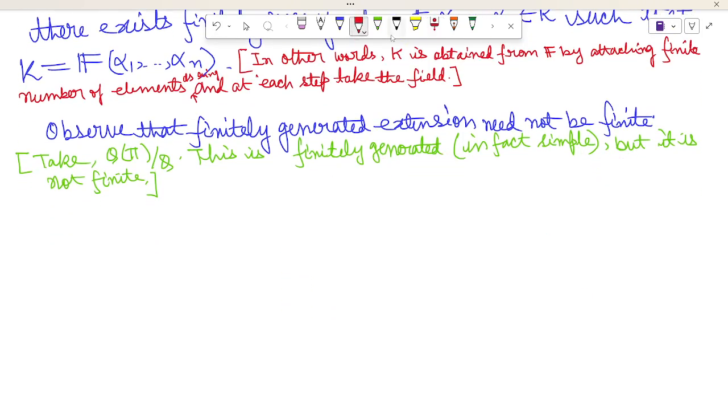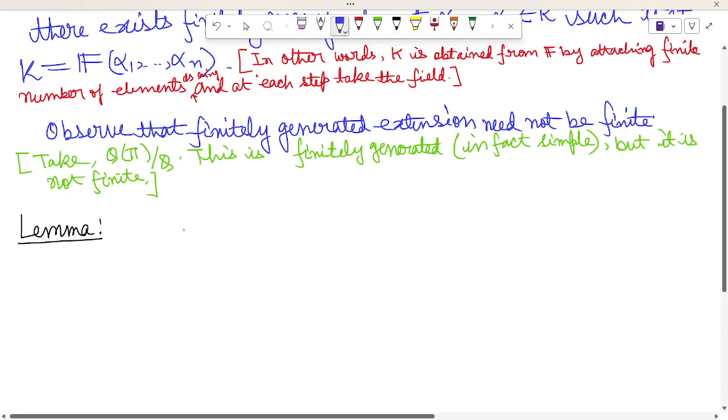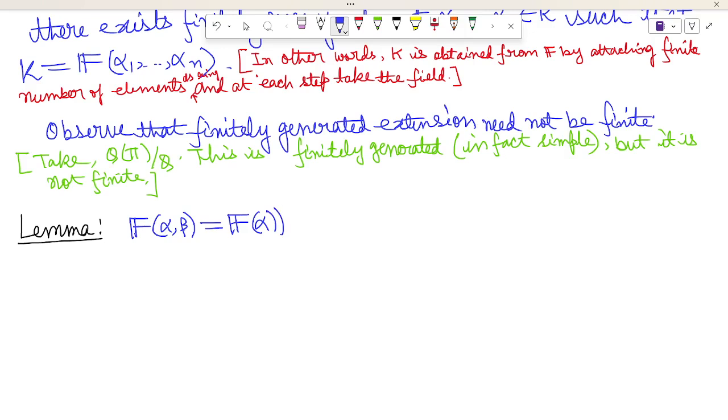Our next theorem, a lemma: F(alpha, beta) is equal to F(alpha)(beta).